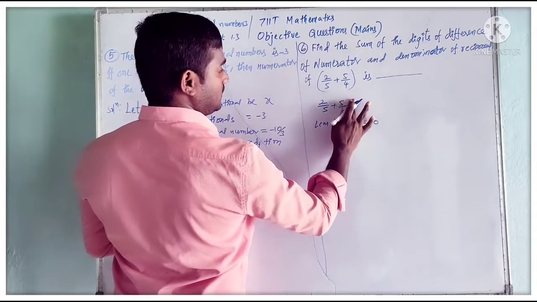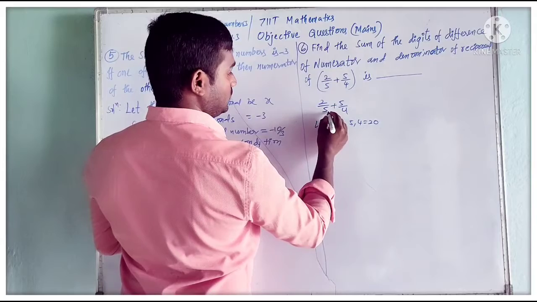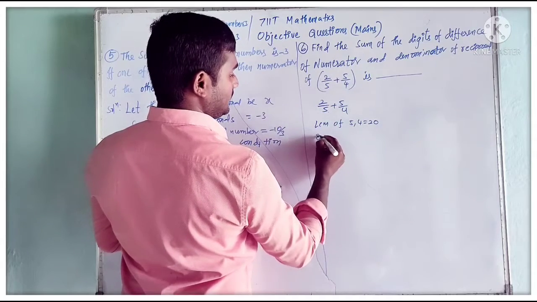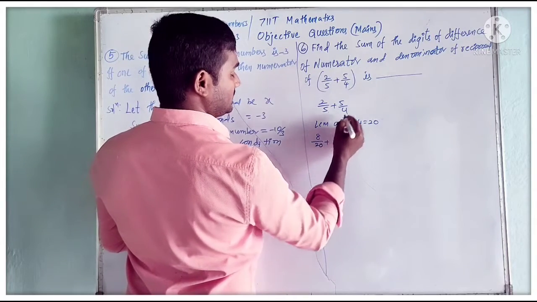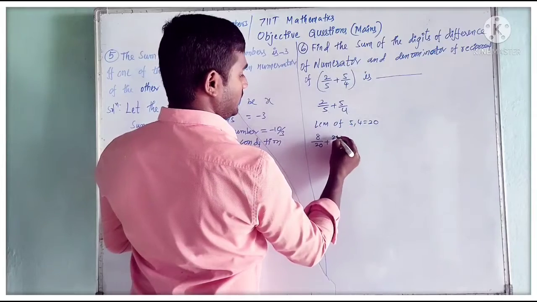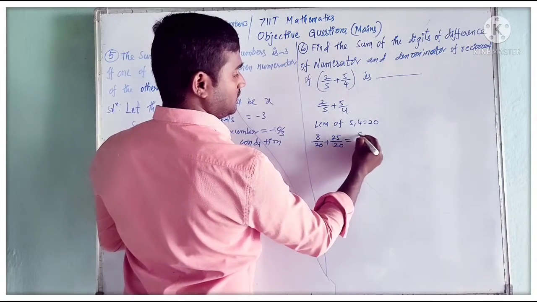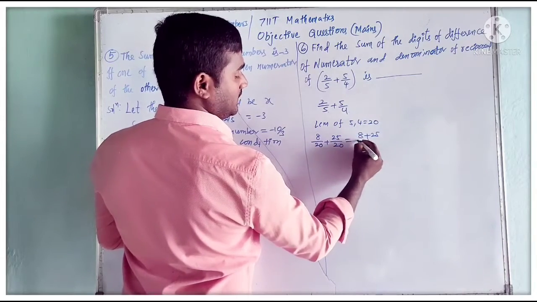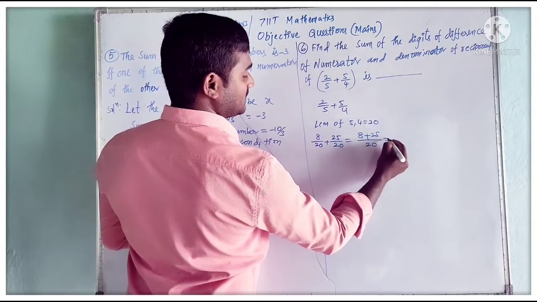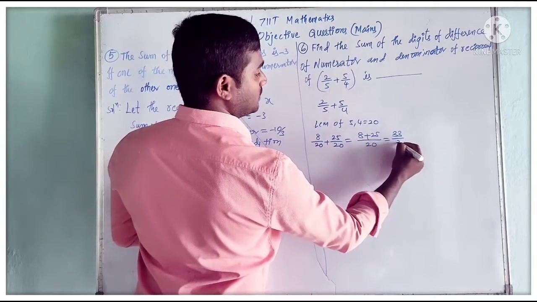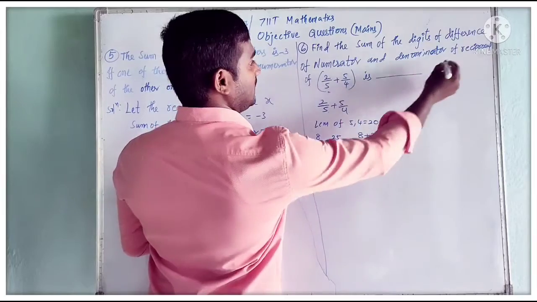So to get 20 here, 2 by 5 into 4 into 4, that is 8 by 20, plus 5 into 5, 25 by 20, which is equal to 8 plus 25 by 20, that is nothing but 33 by 20. So this is 33 by 20.